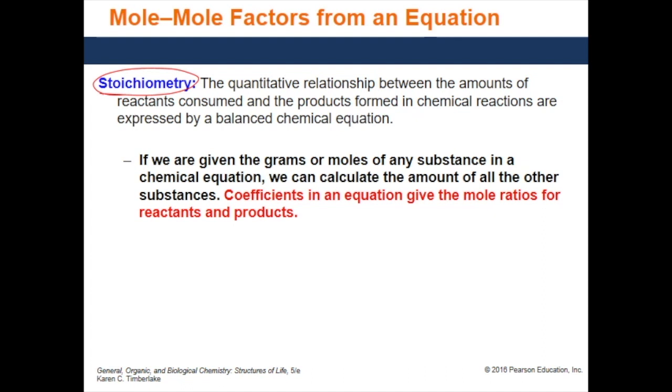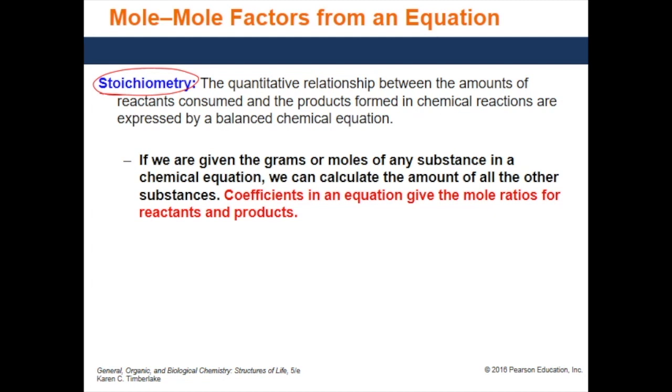But in industry, we always want to produce the maximum amount of products by using the least amount of reactant. So we want the least wastage, right? So we need to know how much exact amount of reactants we should mix to get a certain amount of product, right?